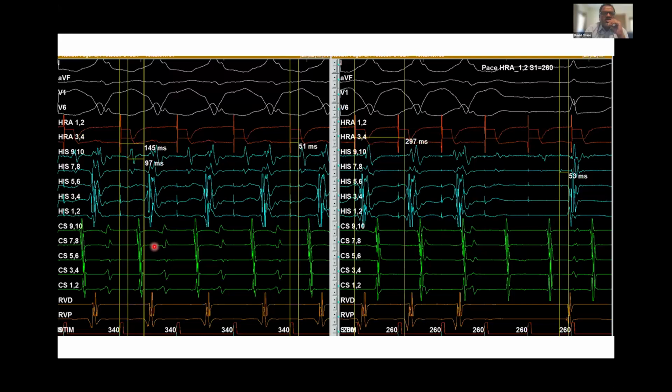Atrial capture has occurred with a ventricular event happening straight after the atrial capture. With an AV delay, we can make out the A to V interval of 97 milliseconds on the left panel, while pacing continuously at 340 milliseconds cycle length.